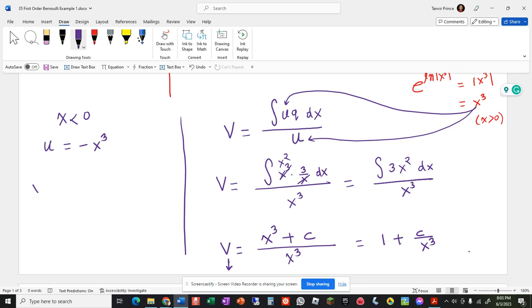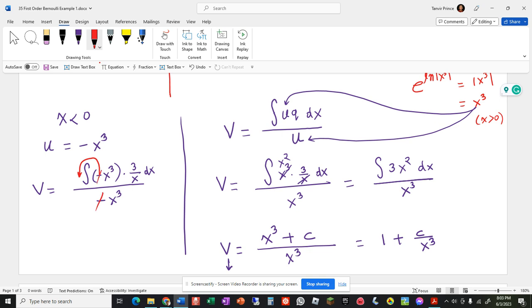In this case, what will be the v? Look at the v. V is going to be the integral of u, in this case my u is negative x cubed, times q, which is 3 over x, dx, divided by u. But look at the beauty here. This negative I can bring outside, and that negative will cancel out with this negative.